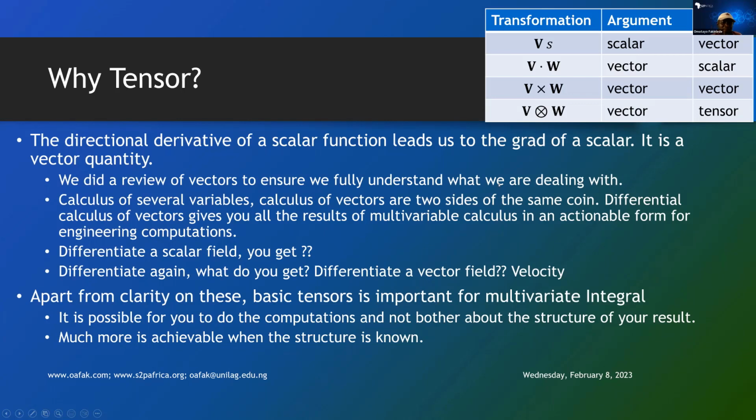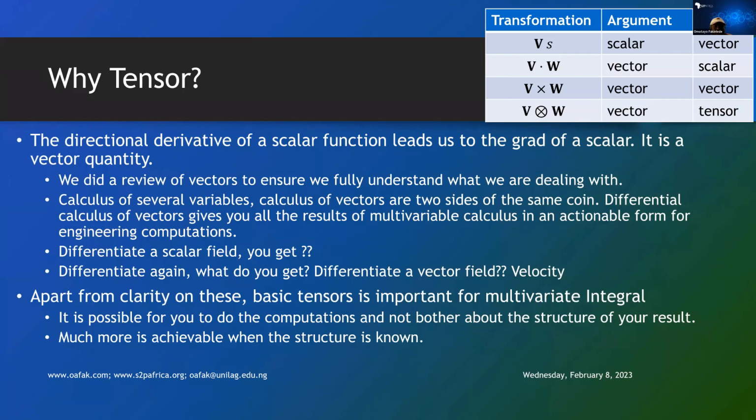I don't know whether you remember that. But you can see that it's not only tensors that can be transformations, even a vector can be a transformation. And it can transform a scalar, it can transform vectors in different ways. But in the case of a tensor, we are looking at something that transforms a vector linearly to another vector. We will look at that as we are moving on.